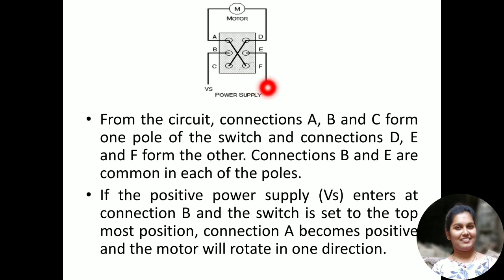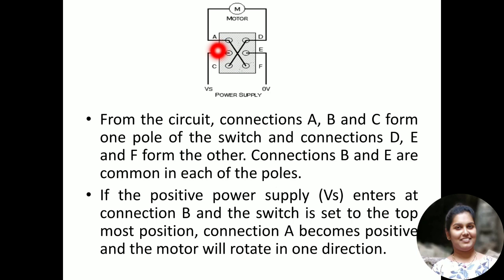If the positive power supply, here it is nothing but Vs, enters at connection B and the switch is set to the topmost position, the connection A becomes positive, and the motor will rotate in one direction.